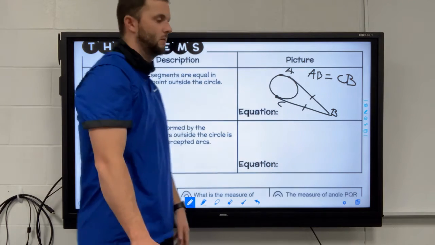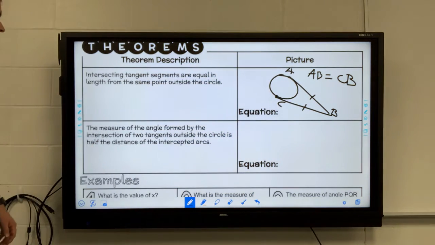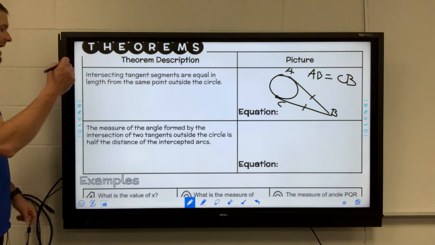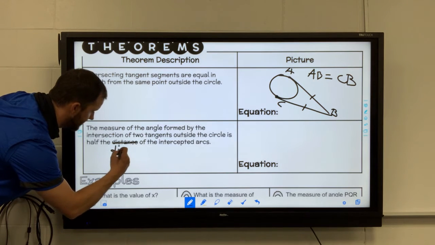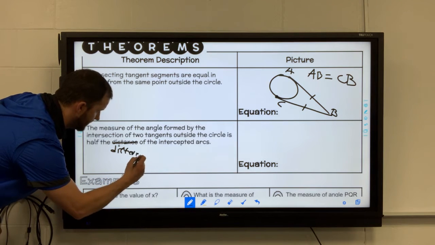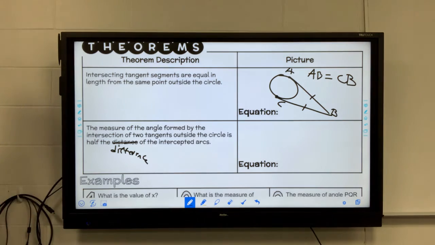Okay? All right, the next one says the measure of the angle formed by the intersection of two tangents outside the circle is half the difference of the intercepted arcs.